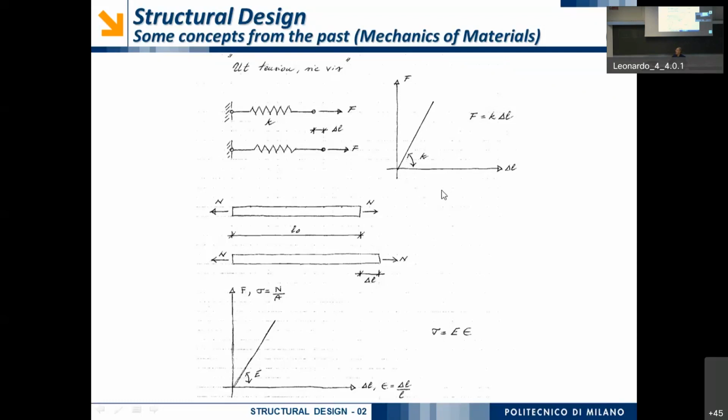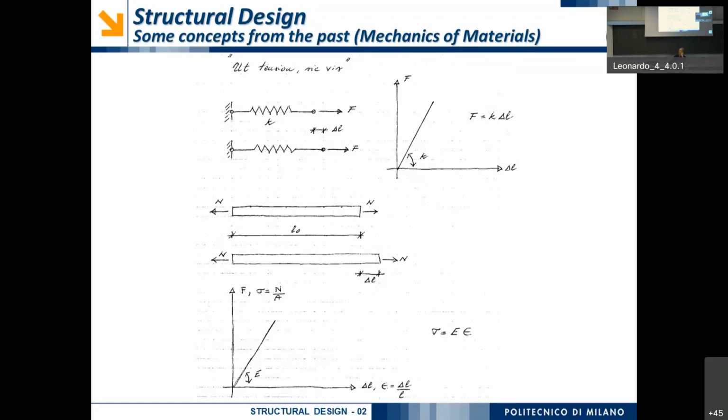So when I apply, for example, a force of 1 kilonewton, I will have an elongation of 1 centimeter. Since the behavior is elastically linear, when I apply a force of 2 kilonewton, I will read an elongation of 2 centimeters, and so on, okay?